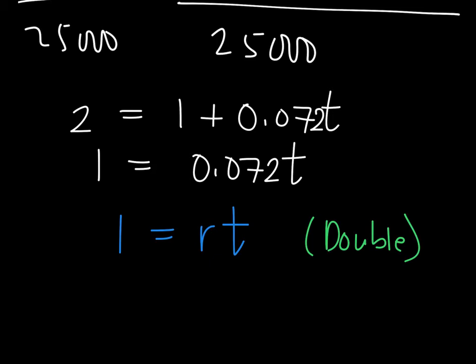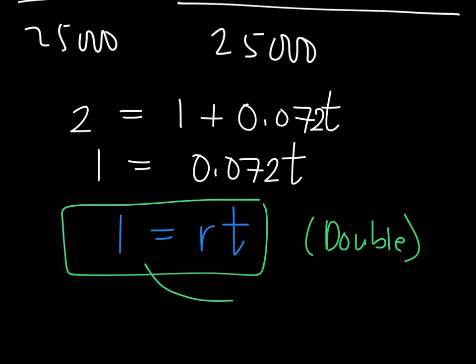So you can do the long way, or the shorter way, 1 equals RT, to find the time. Again, this is used only when the amount has already doubled its value.